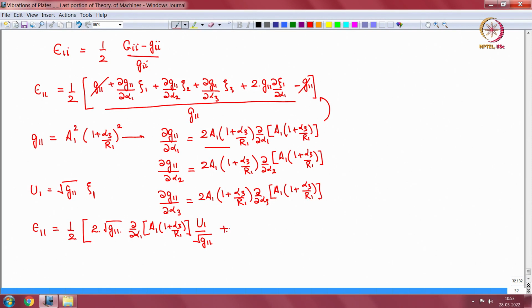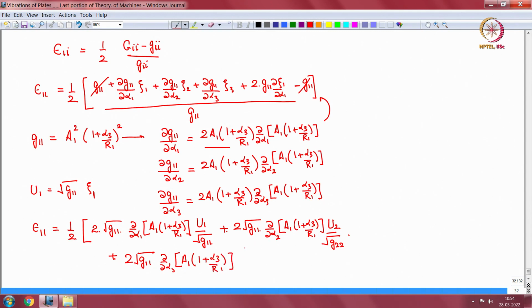Then plus twice root G11 del alpha 2 A1 (1 plus alpha 3 by R1), U2 displacement in the 2 direction, root of G22, okay, plus twice root G11 del alpha 3 A1 (1 plus alpha 3 by R1), U3 by root G33.